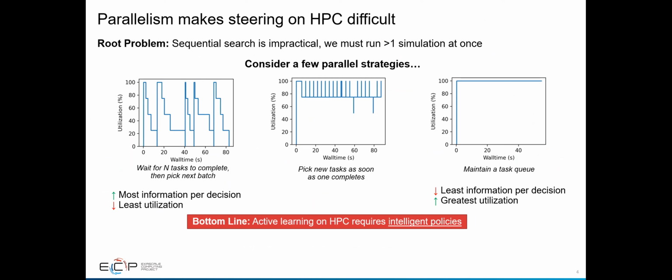And you can come up with strategies like, well, I'll wait for a batch to finish, then I'll pick new tasks. This yields utilization problems. Or I can maintain a list of tasks, always have one ready to submit, but here I'm not using the most amount of information to decide how I want to use that supercomputing resources.